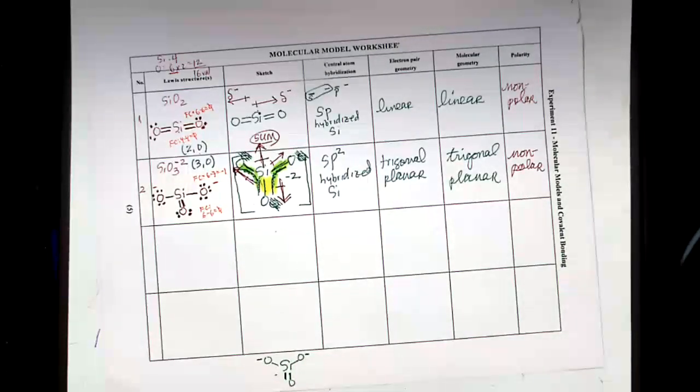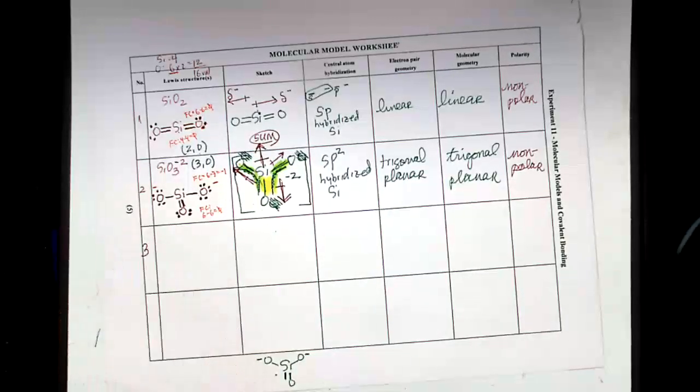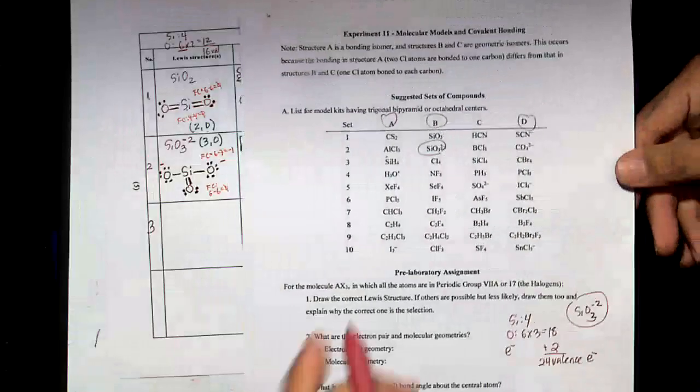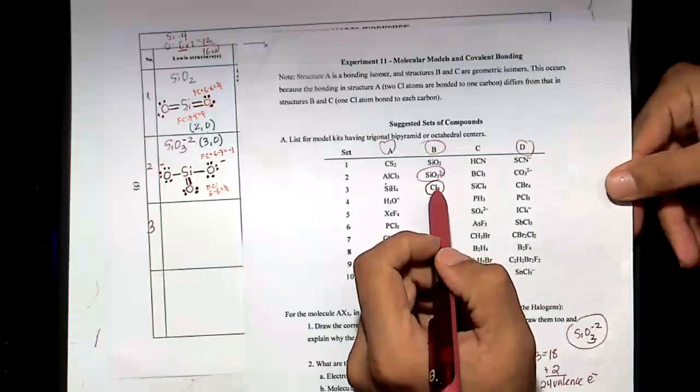Shall we move on to number 3? Any objections? Number 3 is CI4, carbon iodide. How will we draw this?